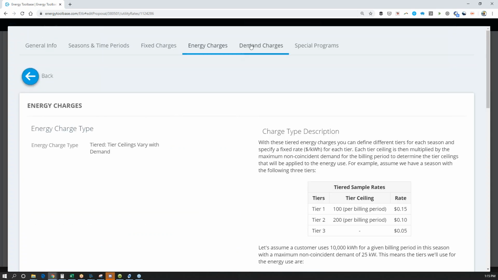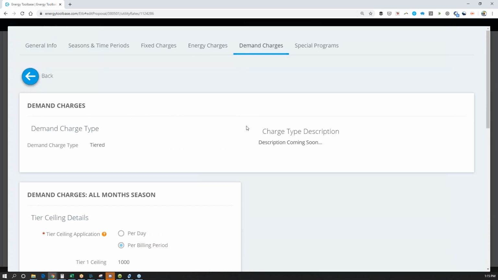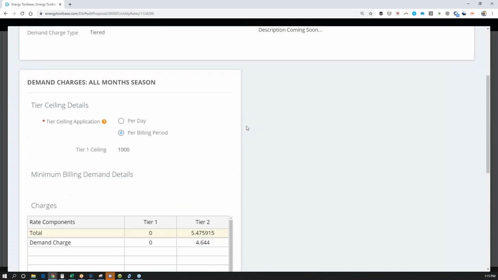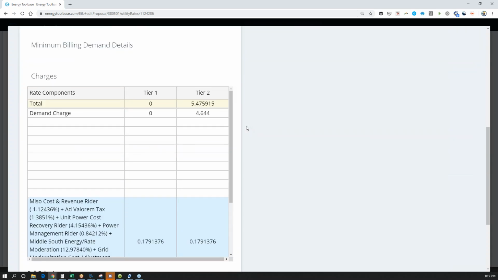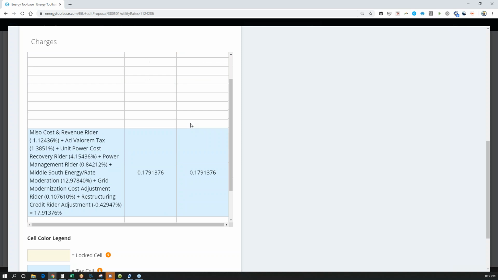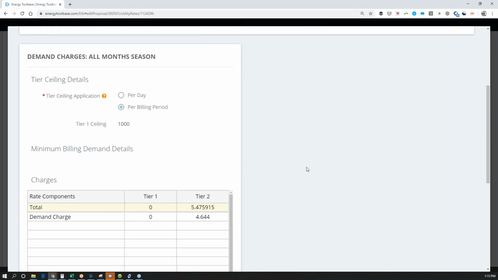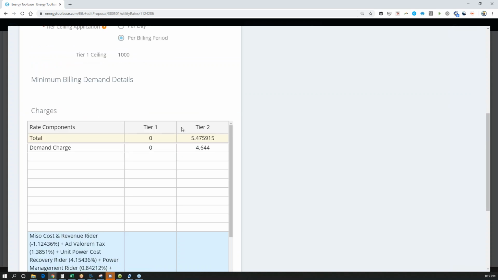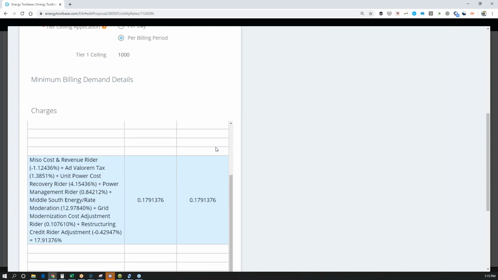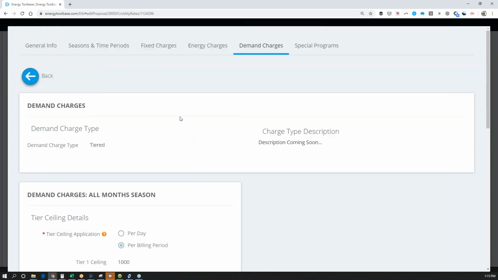So our energy charge is much less. And then we get into our demand charge, and they're giving us a tier 1 and a tier 2 demand, maybe an off-peak demand and a peak demand, and they're charging $5 or $6 demand charge for that.